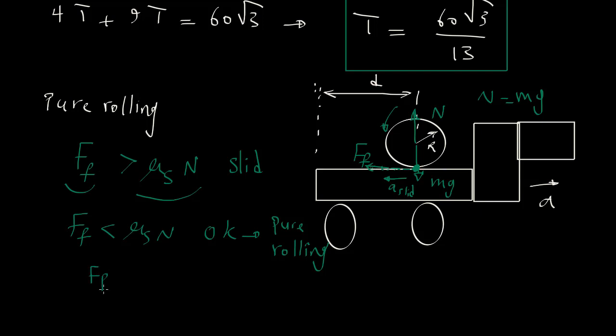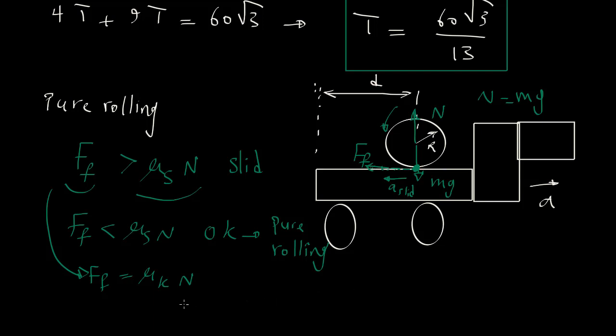It is F_f equal to mu_k times N. So this force, which we were treating as unknown, would become known when we have sliding. That reduces one of the unknowns that we had, and we have one more unknown here. So this unknown replaces the other unknown, and still we will have the same number of unknowns as the number of equations that we had.